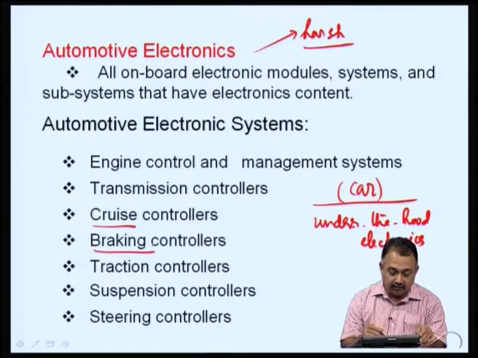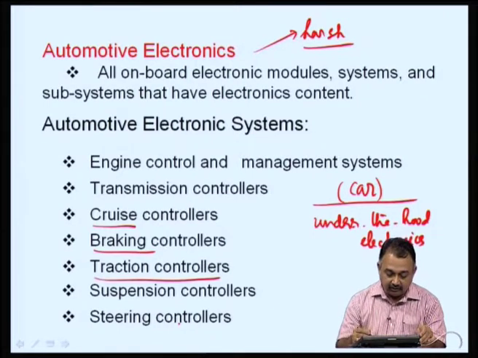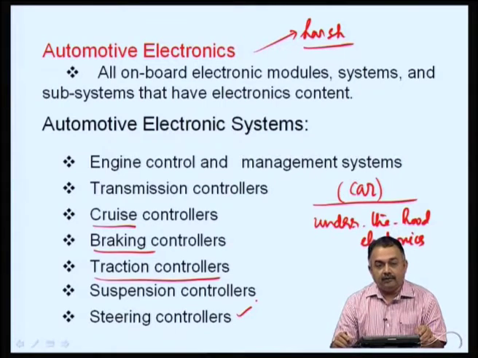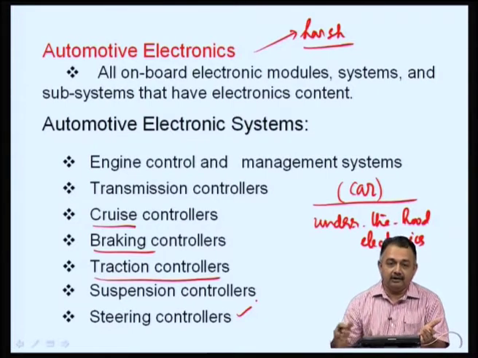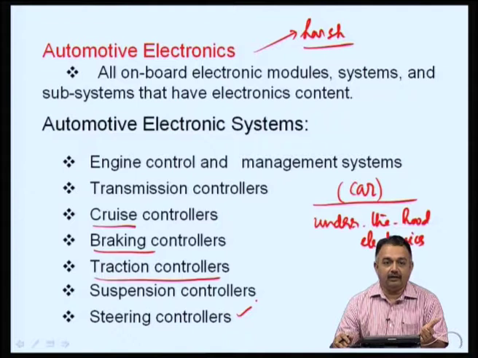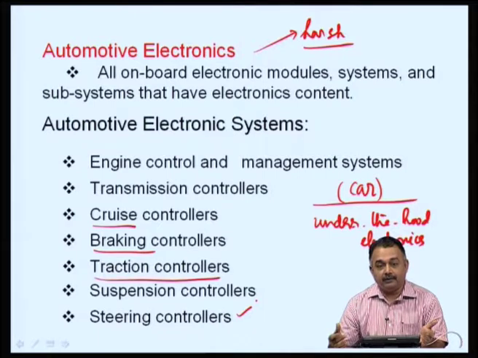Braking controllers, very important, traction controllers, suspension controllers, steering controllers. Today new models of cars are in the market. Some cars come with as many as 50 to 55 microprocessors under the hood, distributed in various sections of the automobile. All of this information has to be displayed to the driver periodically, so that the journey is safe.